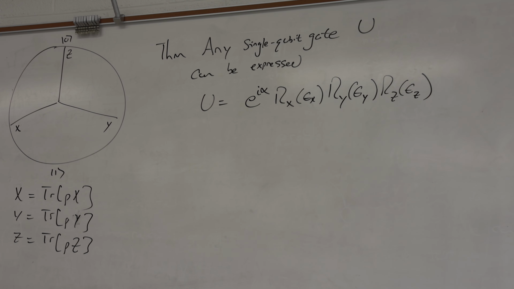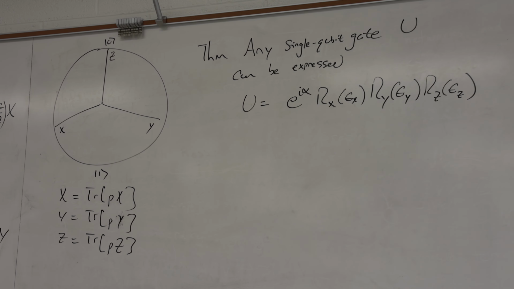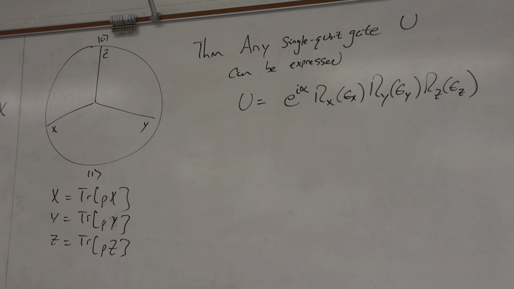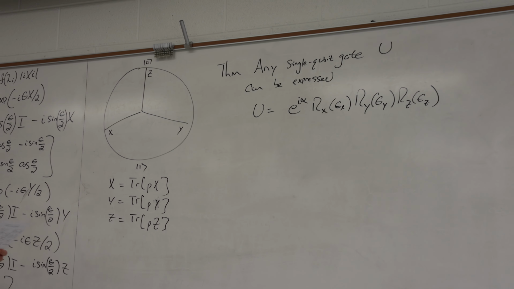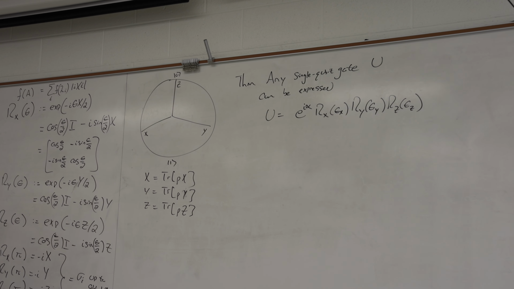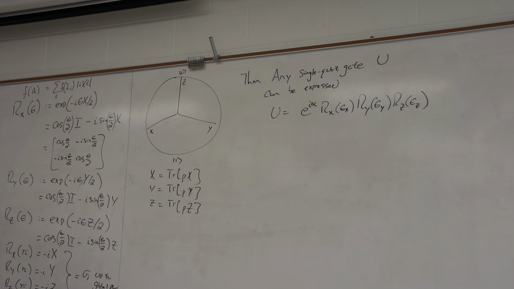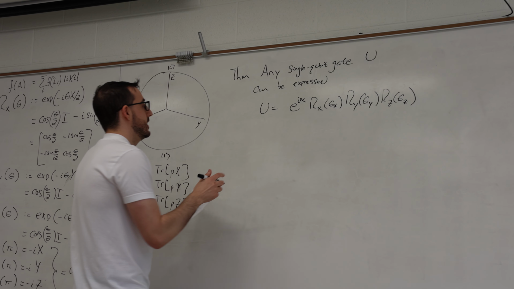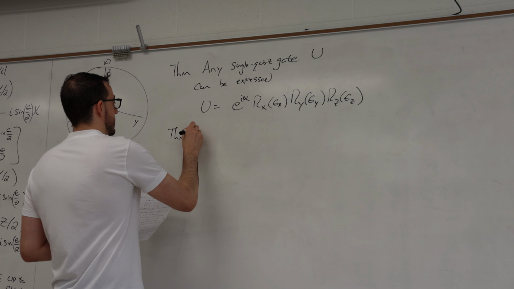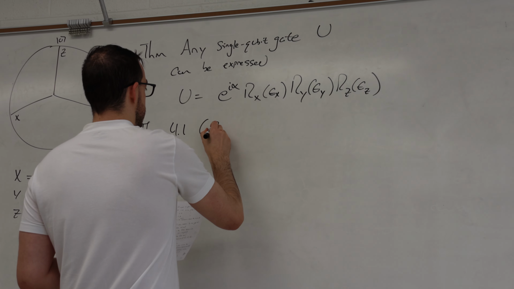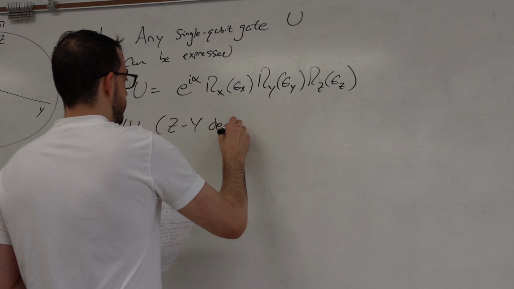Okay? So you could, of course, do it in this way with all 3 rotation gates, but there's actually a slightly simpler way. If you only have 2 of them at your disposal, that's going to be sufficient. So we have in the textbook theorem 4.1, which is called the ZY decomposition.